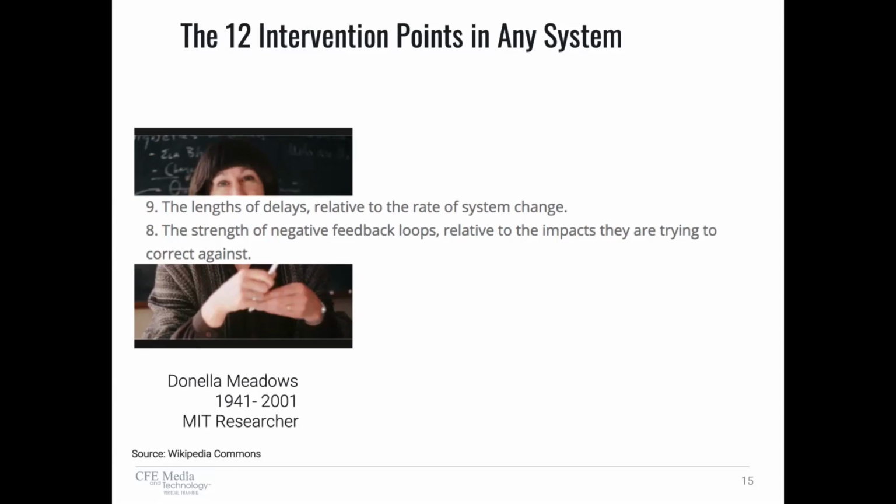Related to that is, of course, the concept of negative feedback loops and relative to the impacts they're trying to correct. And I think, like the example we saw with the Amsterdam electricity usage, there are a lot of slower or missing negative feedback loops that we are now going to be able to affordably install in our systems.